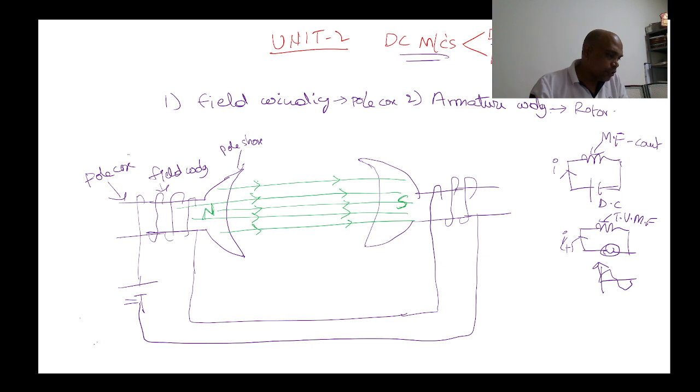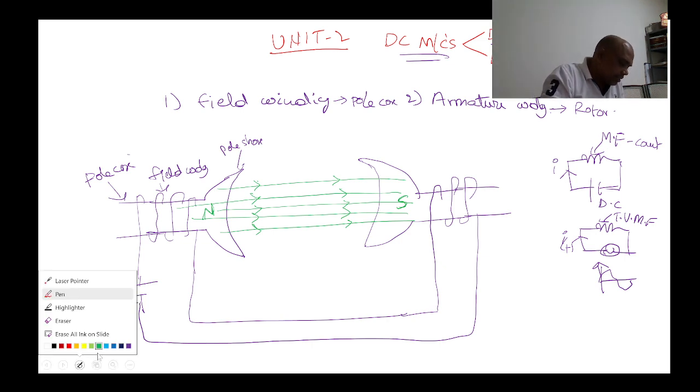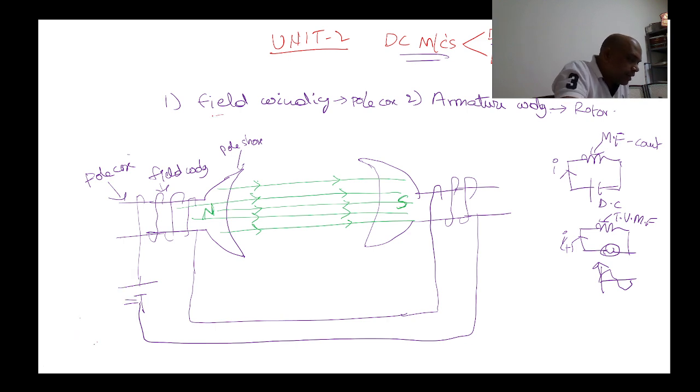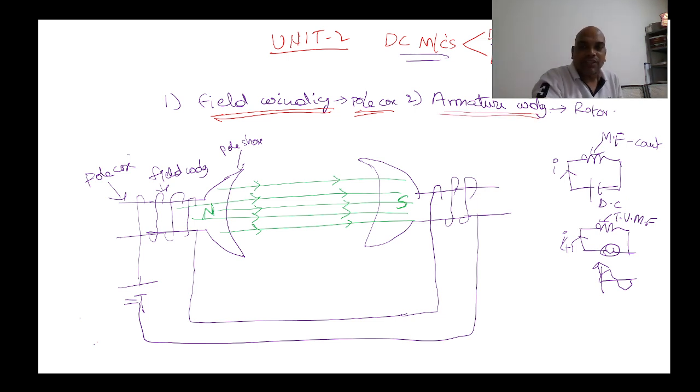Next, coming to the second one. The field winding, which is placed on the pole core, is over. Coming to the armature winding, which is placed on the rotor, in the armature slots.